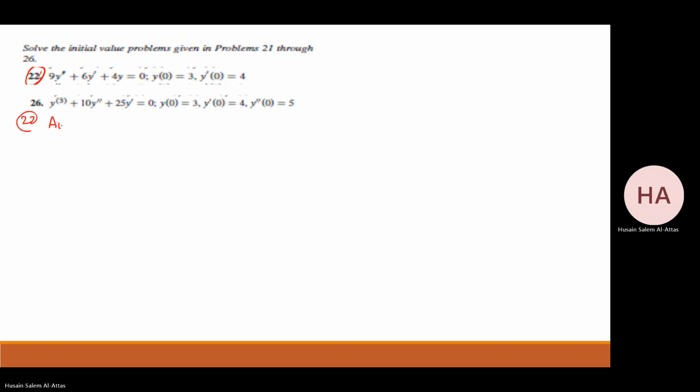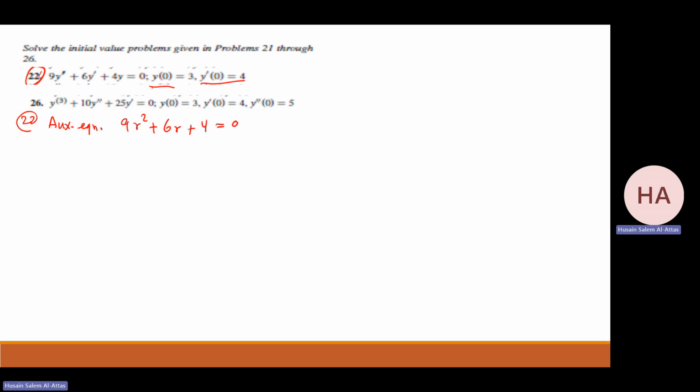Problem 22. What is the auxiliary equation? I will find the general solution, then I'll find the C's through the initial condition. That's mainly the thing. So I have 9r squared plus 6r plus 4 equals 0. Can I factor it?